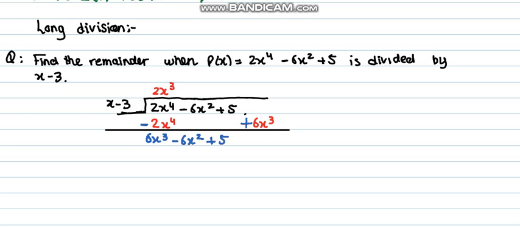Now our next step is to multiply x with such a number that becomes 6x cubed. So that would be positive 6x squared. So 6x squared multiplying with x minus 3 becomes 6x cubed minus 18x squared.